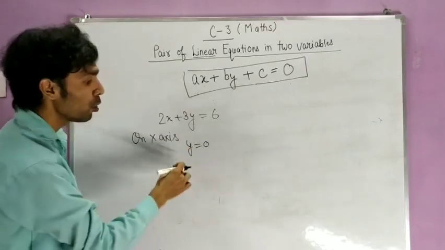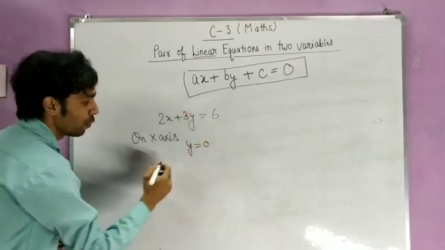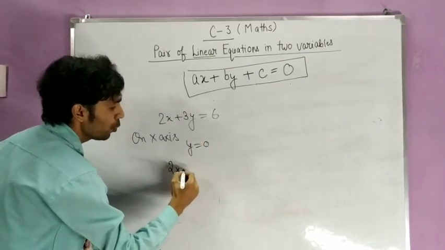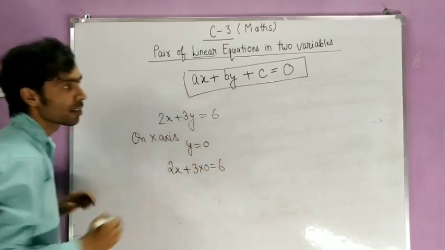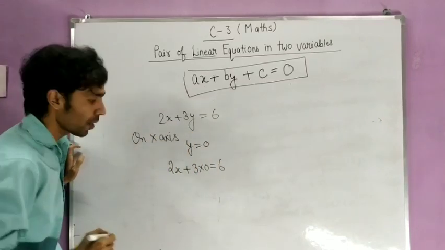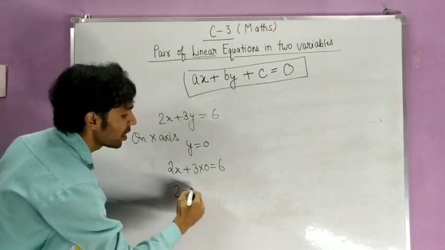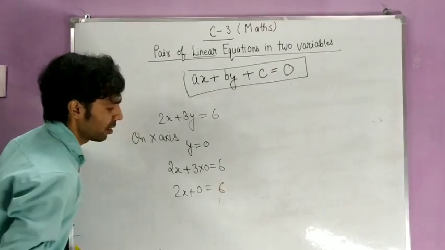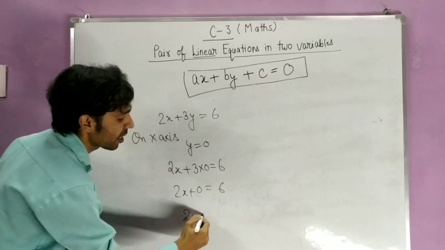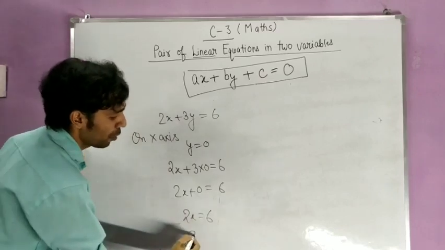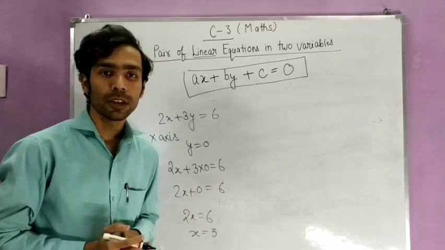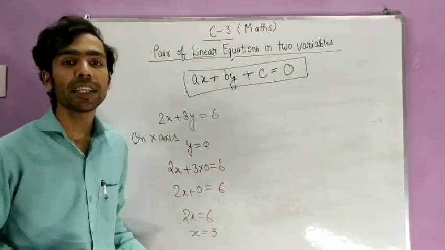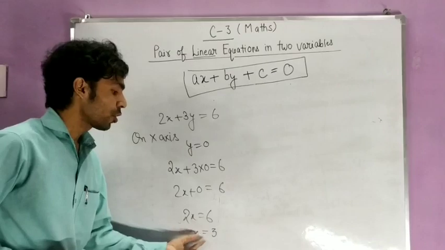Okay, now put this y in this equation, so you will get 2x plus 3 into 0 equal to 6. Okay, now 2x plus 0 equal to 6, hence 2x equal to 6. So the value of x will be 3. Understood? From this calculation we get x equal to 3.